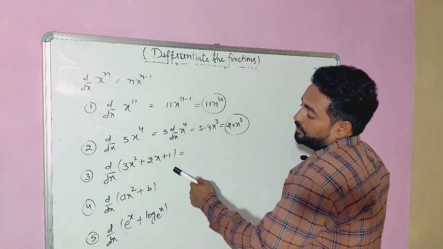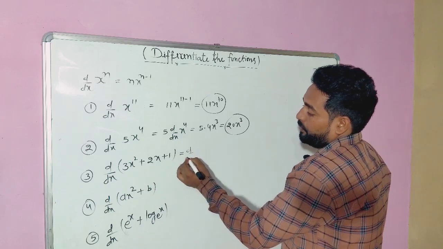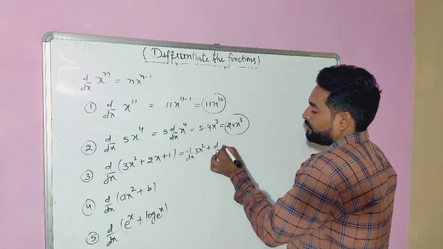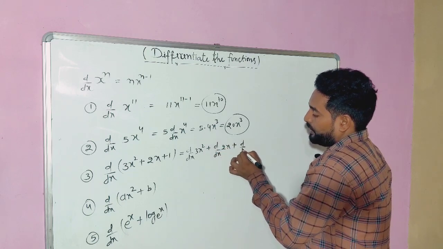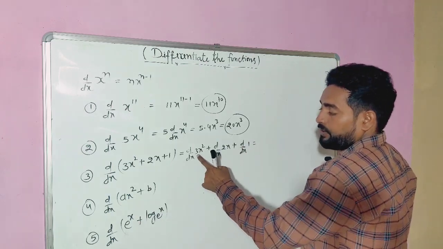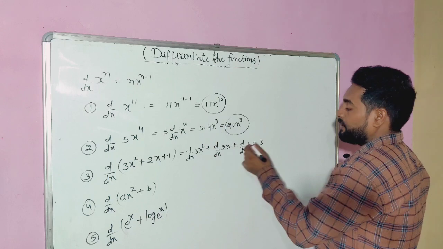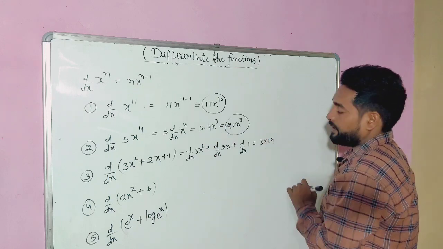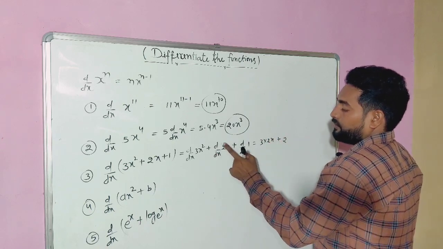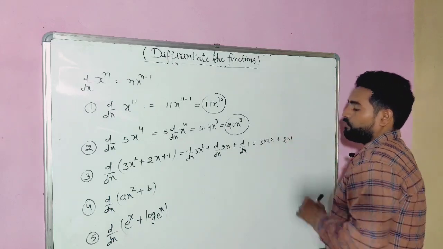Next question. In this question we apply d upon dx to each term. d upon dx 3x square plus d upon dx 2x plus d upon dx 1. 3 is a constant, so 3 is taken out of d upon dx, and differentiation of x square is 2x. 2 is a constant, so we take it out of d upon dx, and d upon dx x is equal to 1.